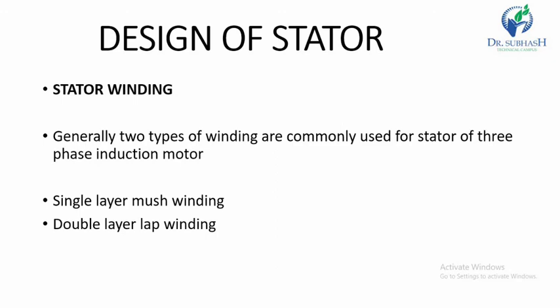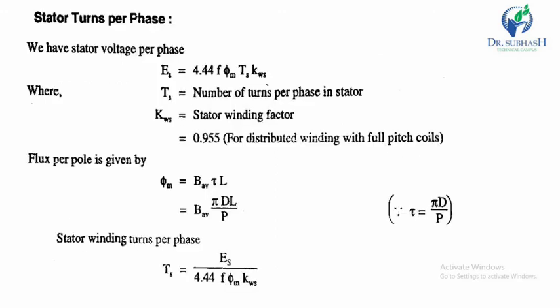Now we see the stator turns per phase. Here we see the equation of EMF, which is equal to 4.44 f phi m Ts into kWs.